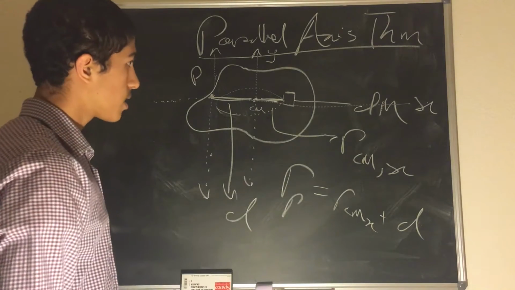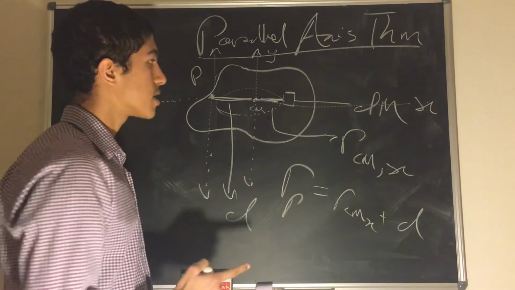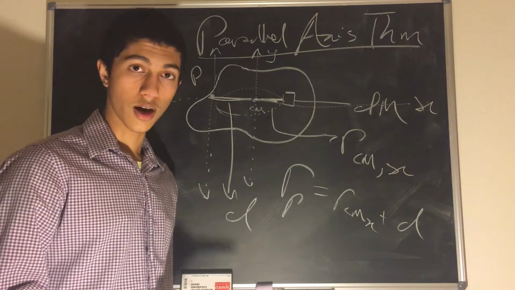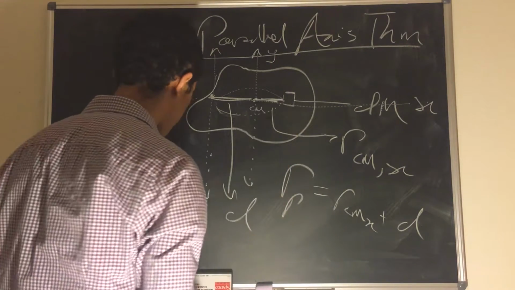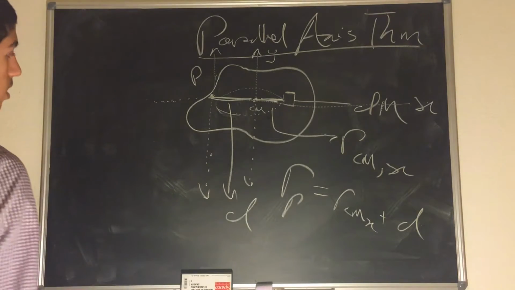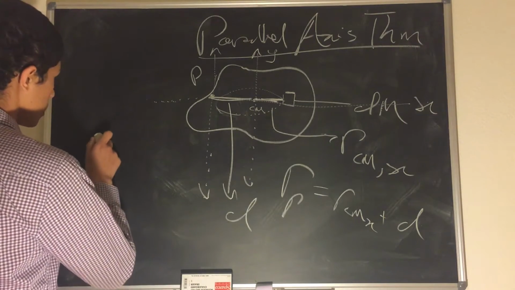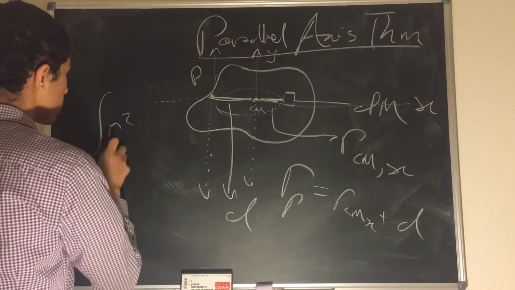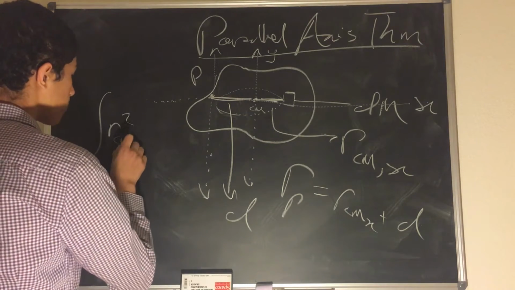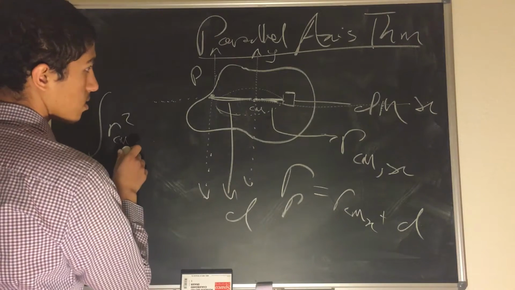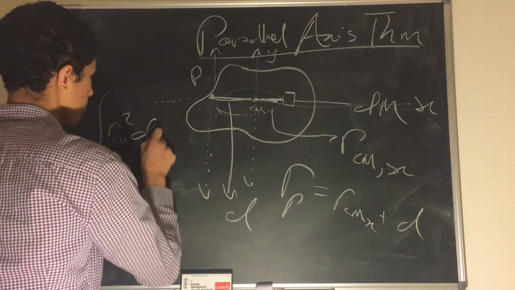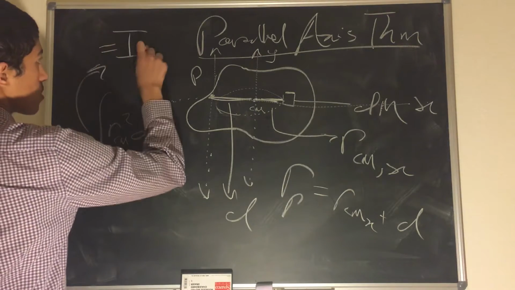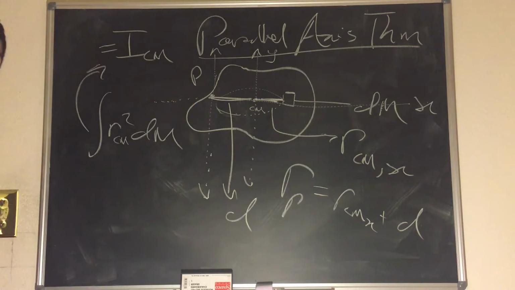This is wonderful. Now, what we must realize is that for this theorem to work, we must be given the original moment of inertia about the center of mass. So what we do know is the integral of r_CM squared times dm is equal to I_CM.